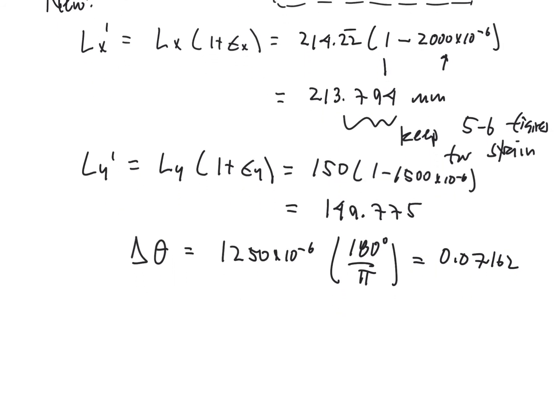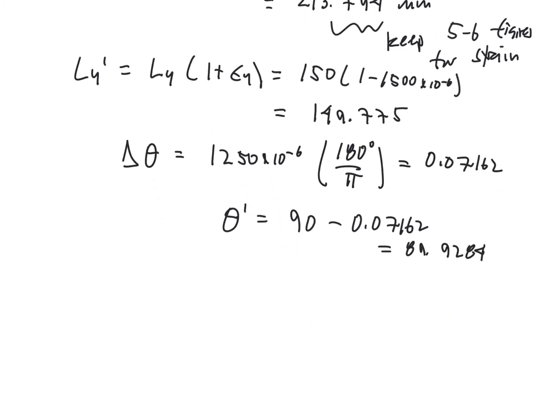So the new angle, let's call that maybe theta prime. It was 90, but now we're taking it off. Remember, the angle's getting smaller. So it's going to be 90 minus 0.07162. And that is 89.9284. So what does that look like now?